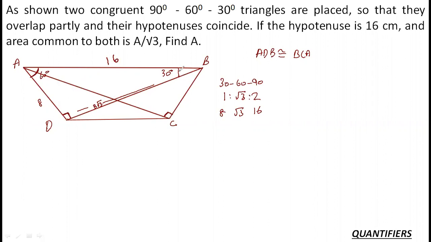Can I say if this is 30 degree, then this is also 30 degree, right? The figure is symmetrical, so if this is 30, this is also 30. Because this is 30, this is 30, this is 90, and this complete is 60, which means that this part is also 30.